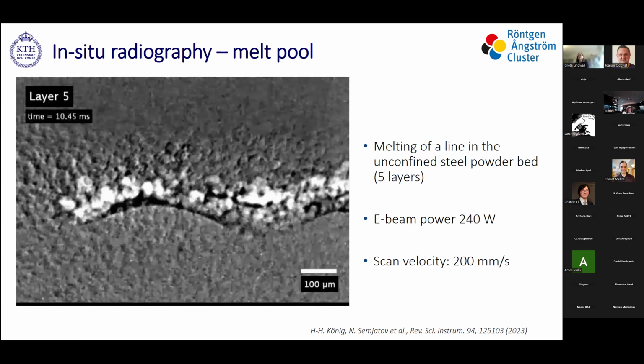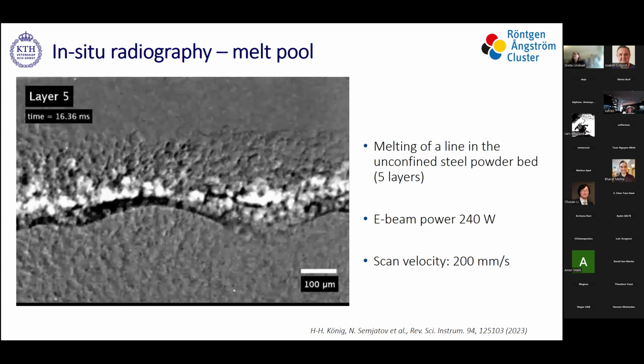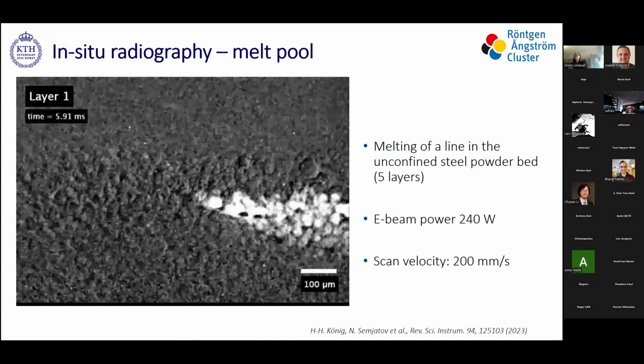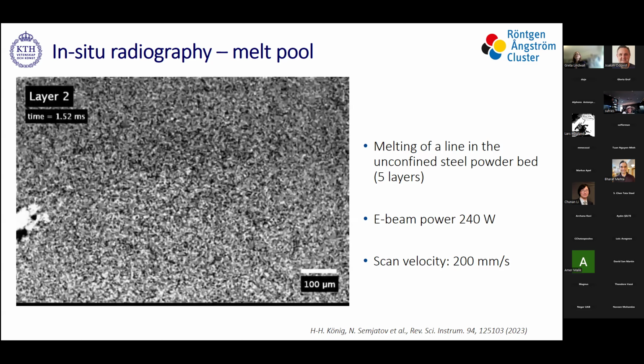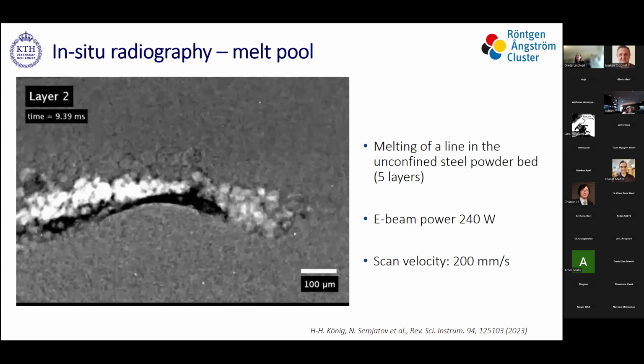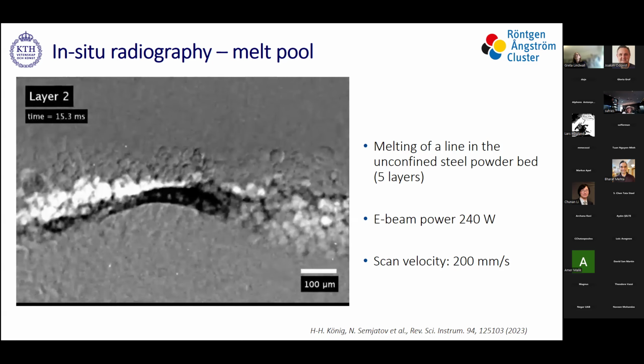The gray values are correlated with the X-ray transmission of the material, so it's the electron density.